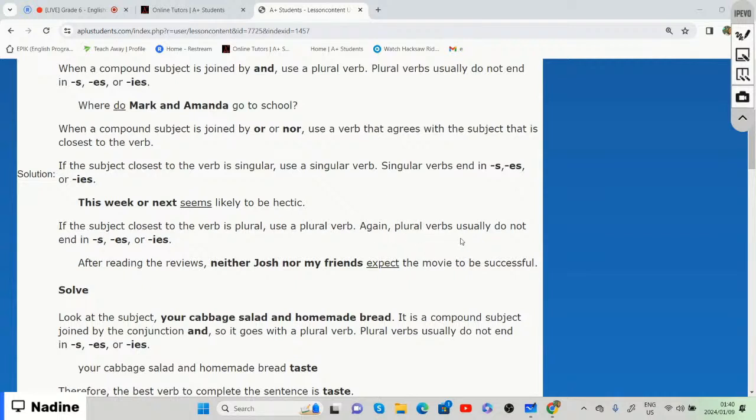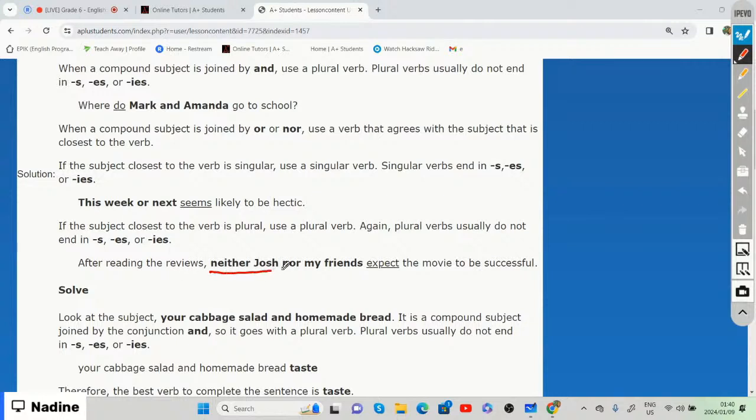For example, after reading the reviews, neither Josh nor my friends expect the movie to be successful, right?